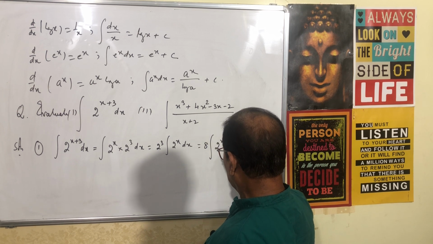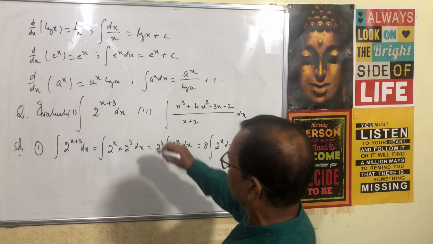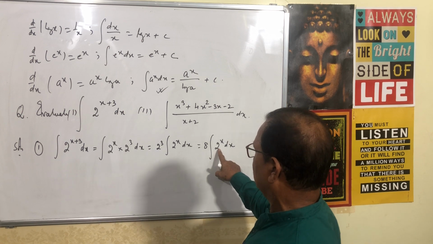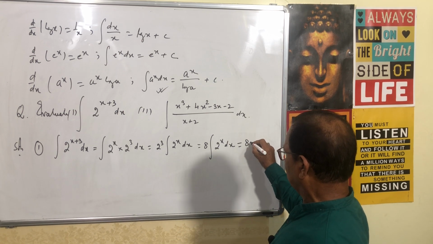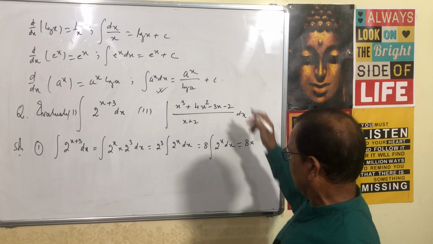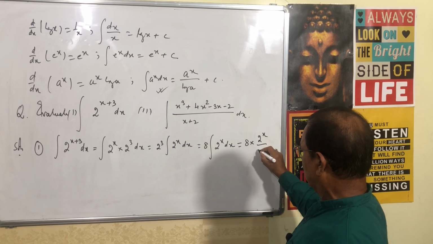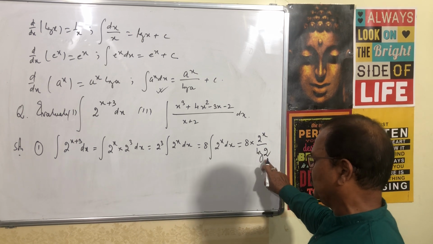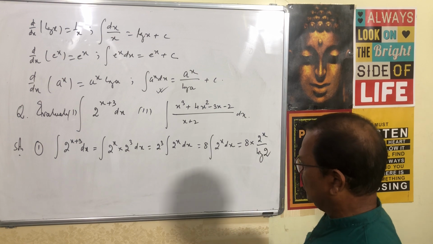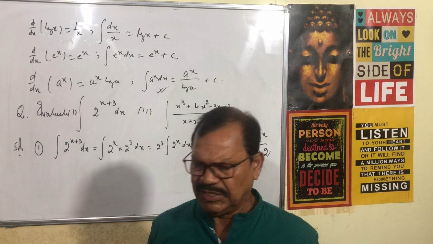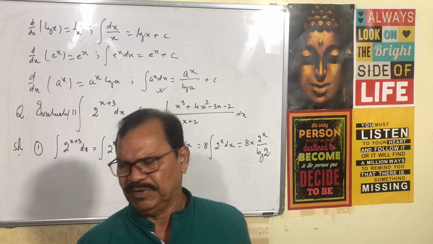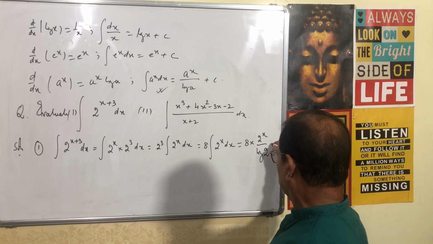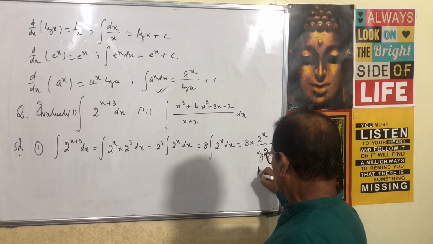Without wasting your time, you know the value of integral a to the power x dx. What is a here? 2. So, this is 8 into a to the power x, meaning 2 to the power x divided by log 2. This log 2 has base e, because I told you without base the logarithm is not possible. So, I have taken 8 into 2 to the power x divided by log 2 plus constant. So, this is the answer of this question.